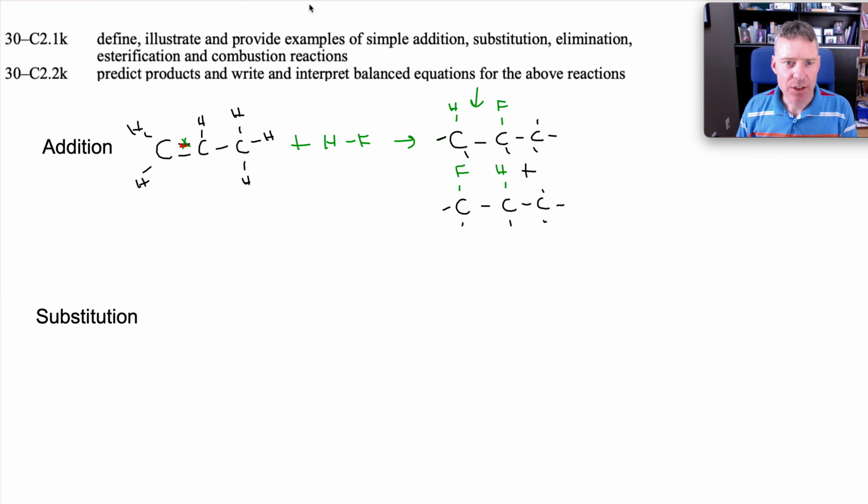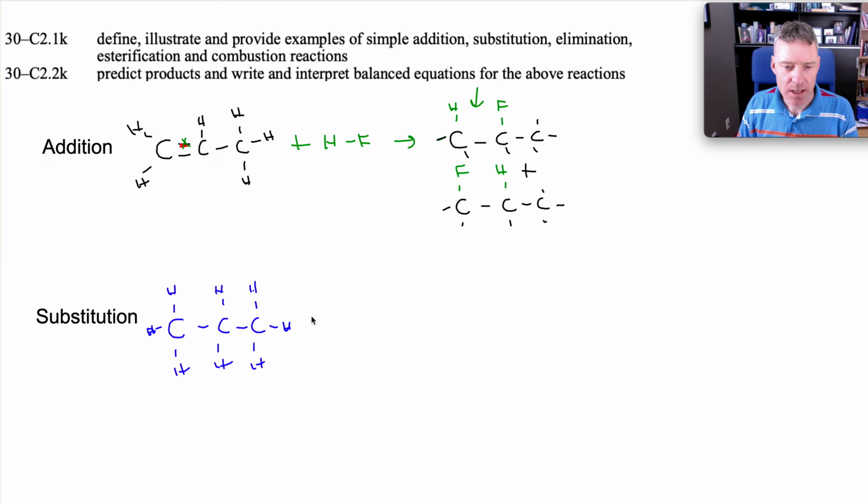Substitution reactions. There's sort of 2 types, but I'm only going to go through one. You really just tend to see one type, where you're substituting a hydrogen away with UV light. So we'll start with propane, and I'll write in my 8 H's, C3H8.